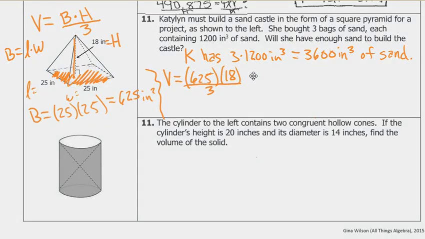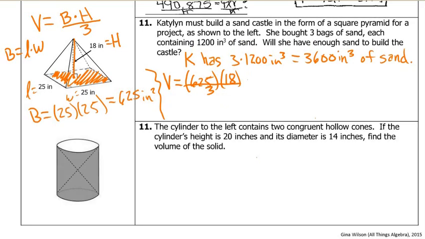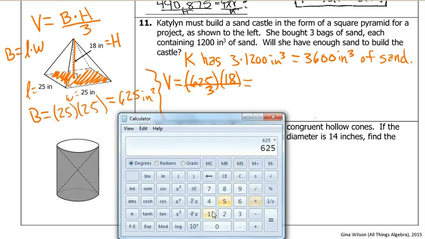So I'm just gonna multiply the top first. So 625 times 18 equals 11,250. So that's a big number. So let's do it again, just to make sure. 625 times 18 equals 11,250.